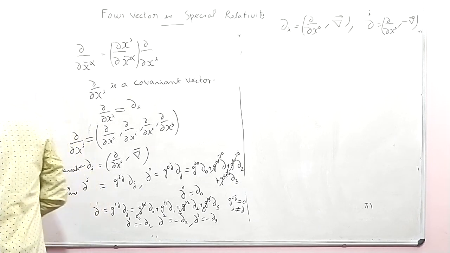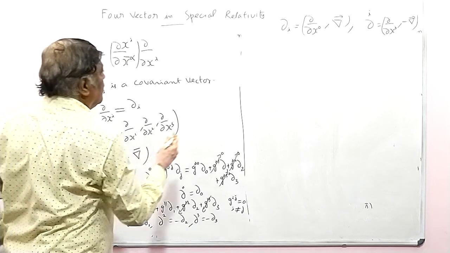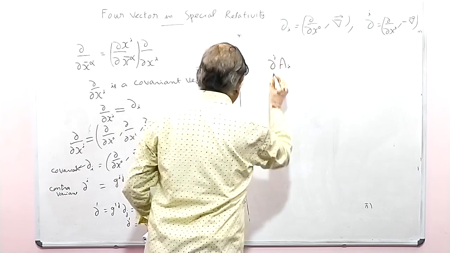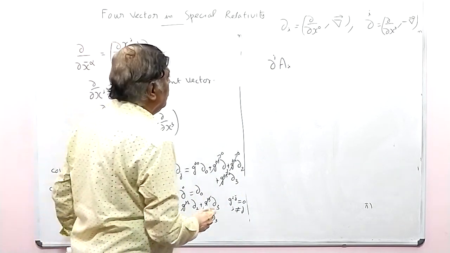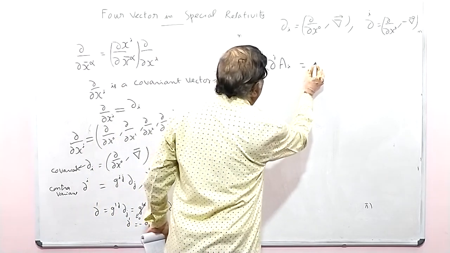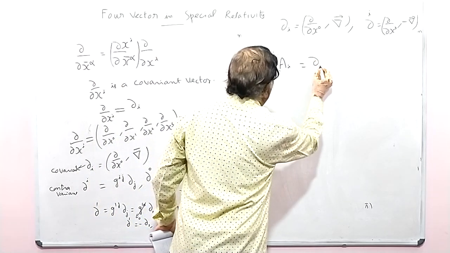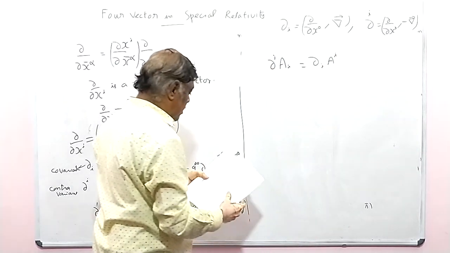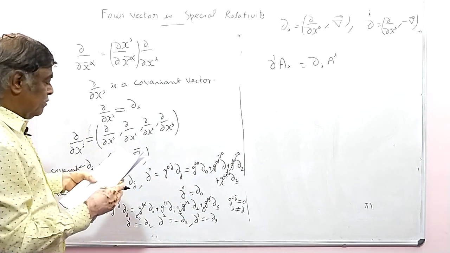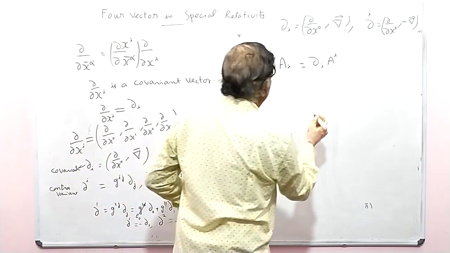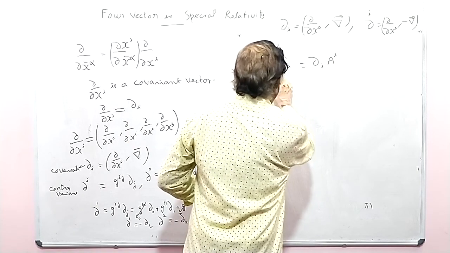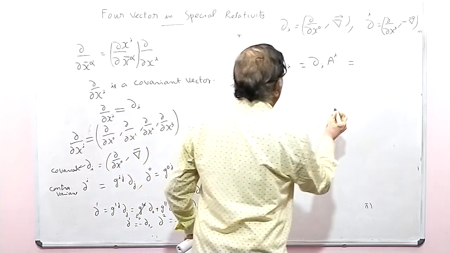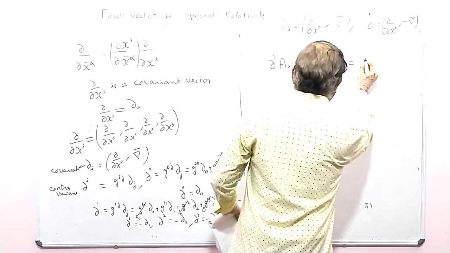Now if you take A^i and di, this is equal to d_i A^i.